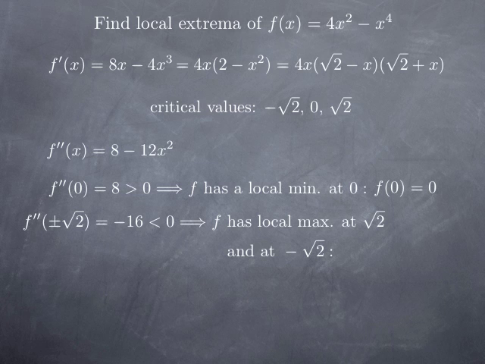In other words, the function is concave down, and that means we have local maxima at positive root 2 and at negative root 2. The value of these local maxima is the value of the function at negative root 2 and positive root 2, which happens to be the same in this case. If we plug either positive or negative root 2 into the original function f, we get 4.